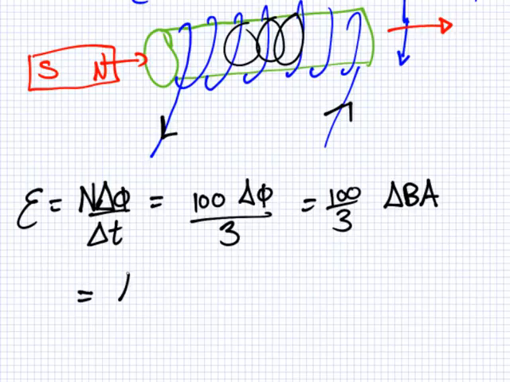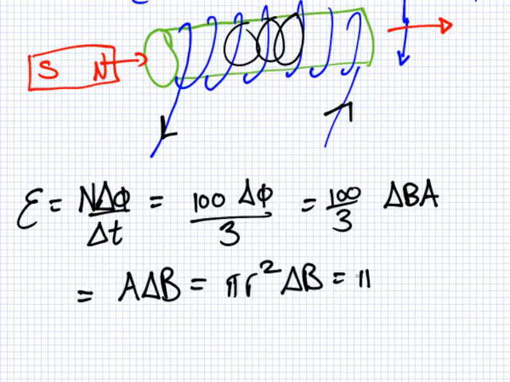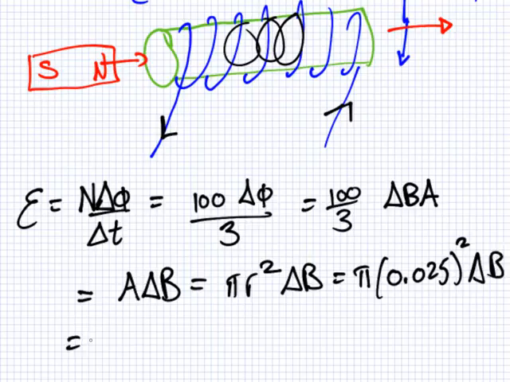So it's A delta B, which is pi r squared delta B. It is 0.025 squared delta B, which equals 1.96 times 10 to the minus 3 delta B.